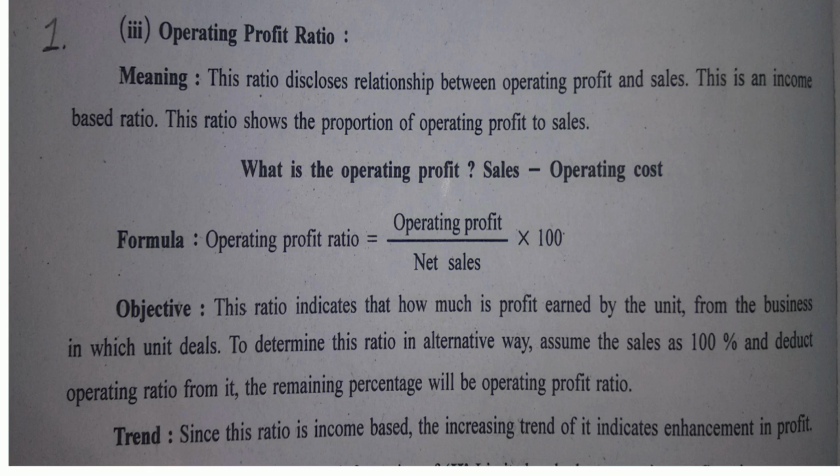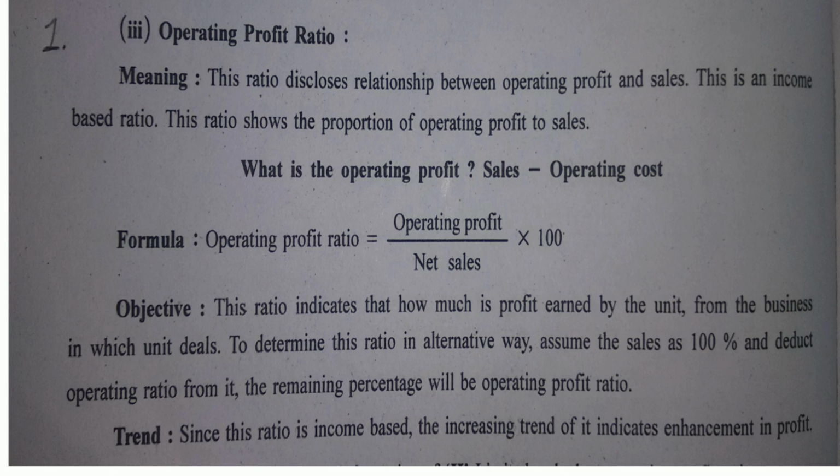Let us read ahead the objective. This ratio indicates how much profit is earned by the unit from the business in which the unit deals. To determine this ratio in an alternative way, assume the sales as 100% and deduct operating ratio from it. The remaining percentage will be operating profit ratio. This point also you will understand while explaining the practical illustrations and sums.